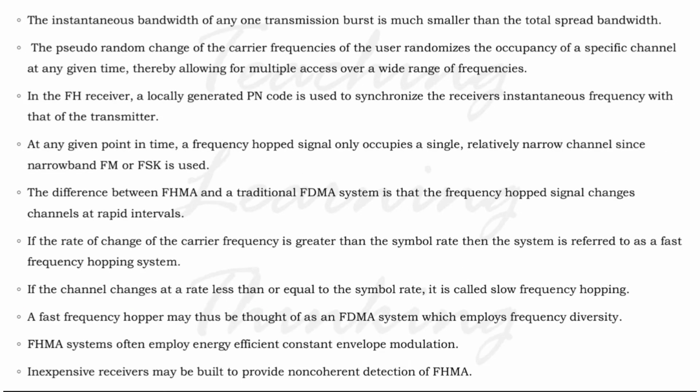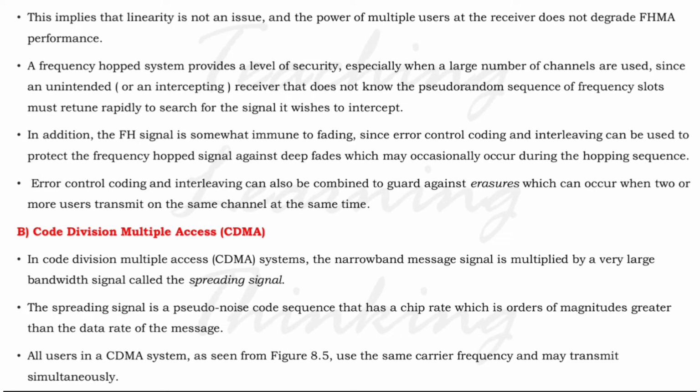Next is the direct sequence multiple access technique from the SSMA techniques. One example of DS is code division multiple access. In a CDMA system, the narrowband message signal is multiplied by a very large bandwidth signal called the spreading signal.